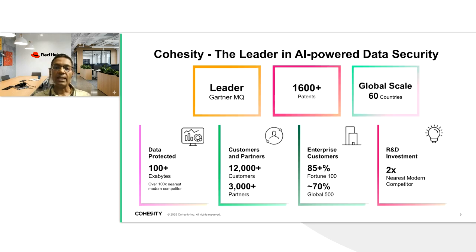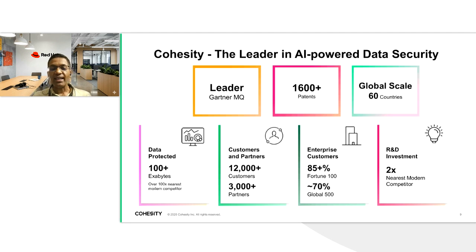The two offerings together have a global scale encompassing over 60 countries. Between the two of us, we protect over 100 exabytes of data, which is simply an incredible number. Some of our competition is not even 1/100th of that, if I may say so.